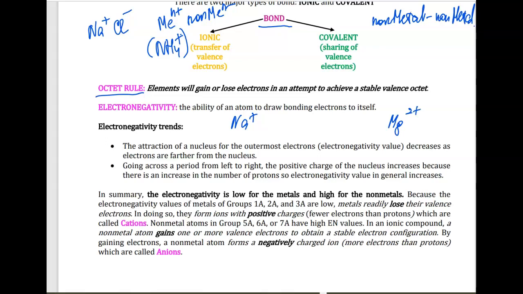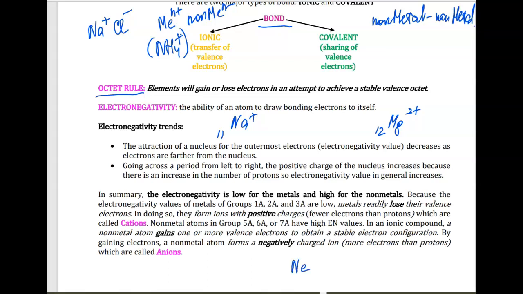The main idea is to become more stable, and we have to look at the closest noble gas to sodium and magnesium. Magnesium has number 12 and sodium has number 11, and the closest noble gas atom for them is neon.